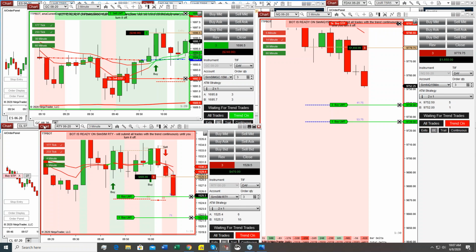Russell came a few ticks shy of first target. There it is. One tick shy of first target on the Russell.